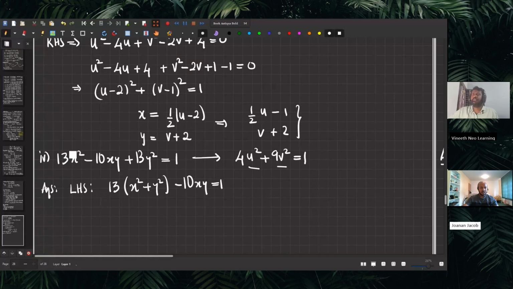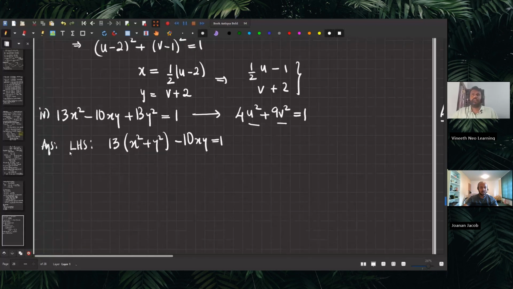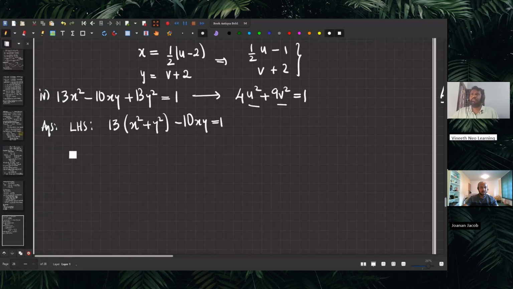If I say 13 times x square plus y square is equal to 4u square, that won't be right. Here, one thing we can do in order to make this xy term a square, when we look at these, we can add 2xy and subtract 2xy. Then the xy term will also remain there.